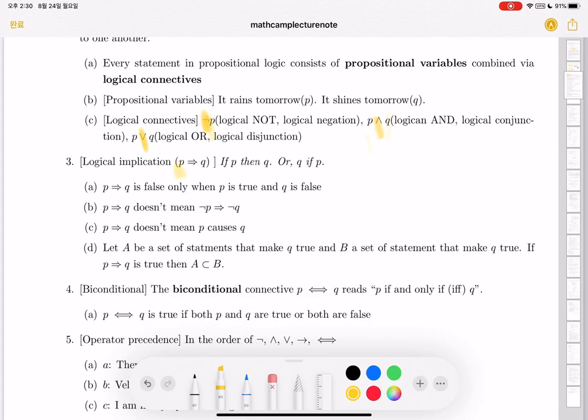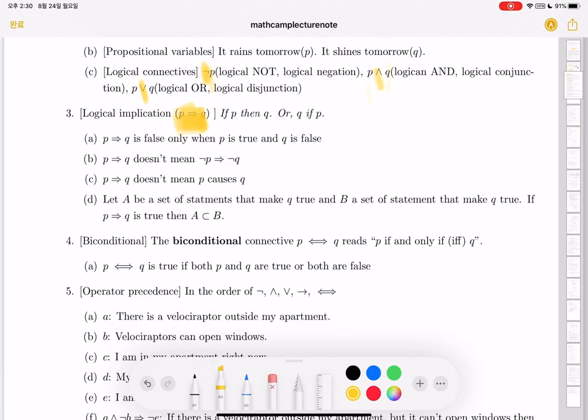We have this implication operation, so P implies Q. We read this notation as if P then Q, or Q if P. Okay.